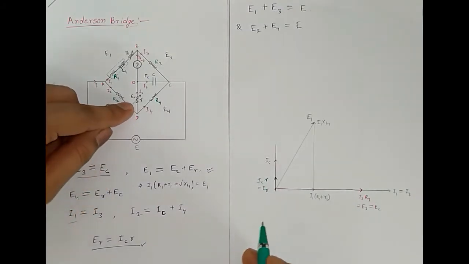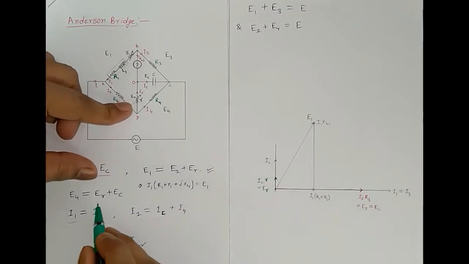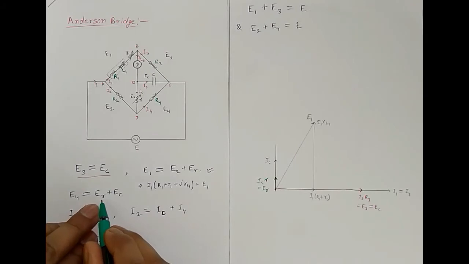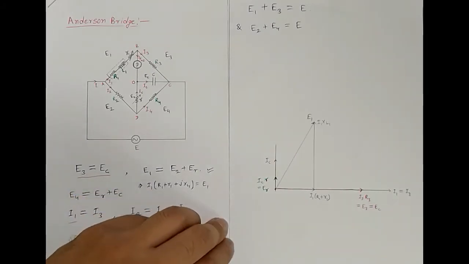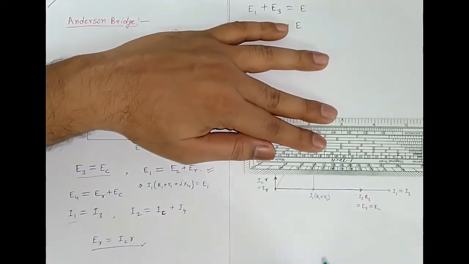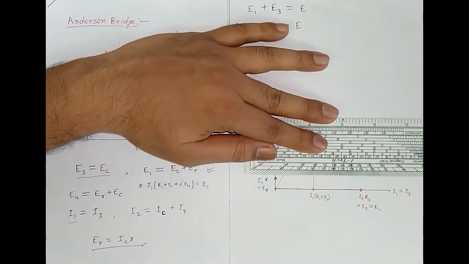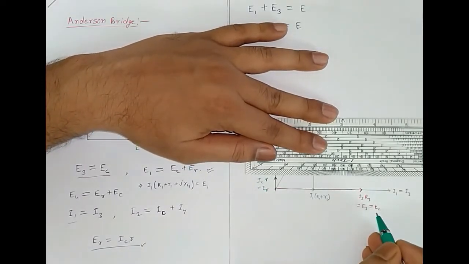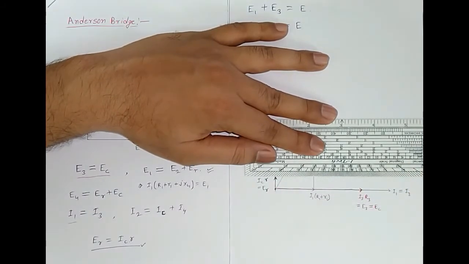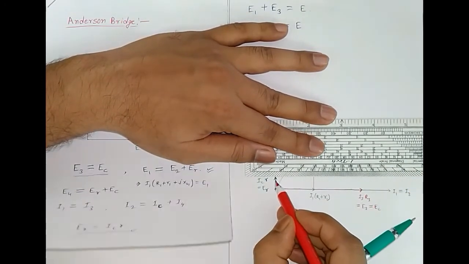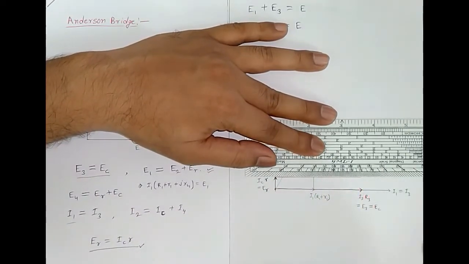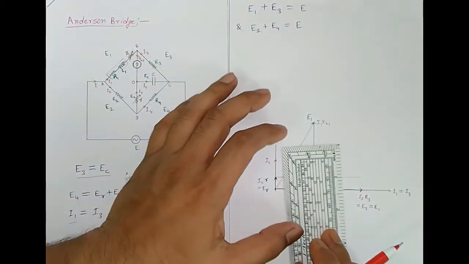Now if we know ER and EC, we can draw the phasor of E4, since ER plus EC equals E4. That means we have to draw a parallelogram across this. Draw a parallel line to this EC and a parallel line to ER.